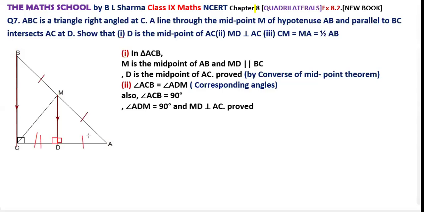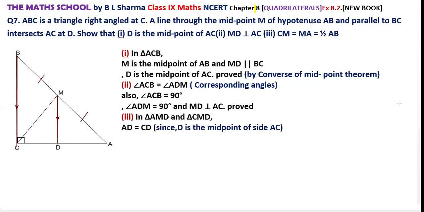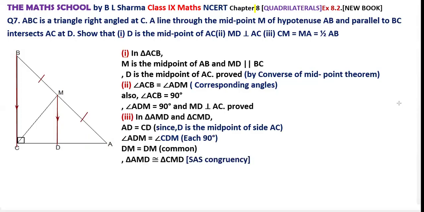This side is equal to this side because D is midpoint of AC and this side is common. So the two triangles are congruent. Triangle AMD and CMD, AD is equal to CD since D is the midpoint of AC, angle ADM is equal to angle CDM is 90 degrees, and DM is equal to DM common. So triangle AMD is congruent to triangle CMD by SAS. By CPCT, AM is equal to CM.